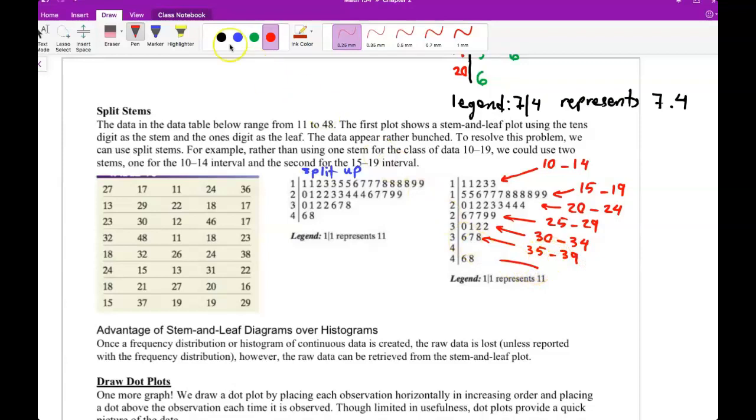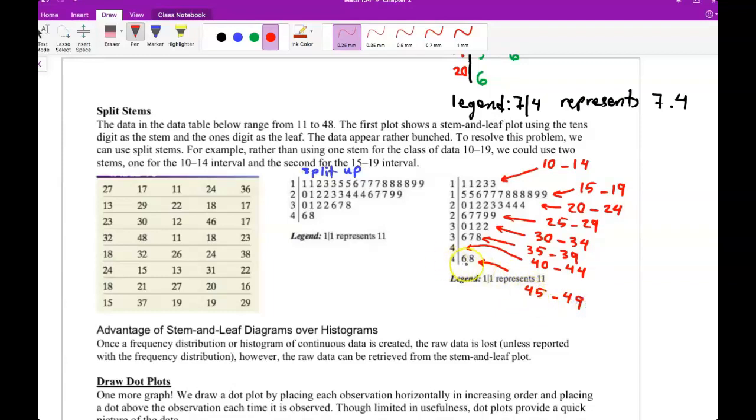And what is the next one? 40 up to 44. We have nothing in that class. And this one is 45 up to 49.